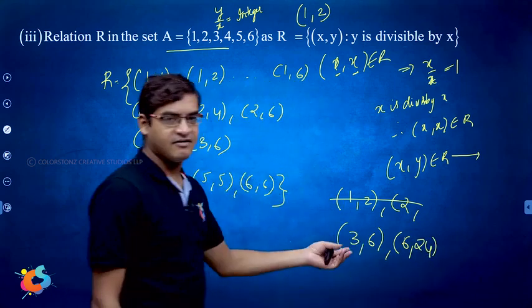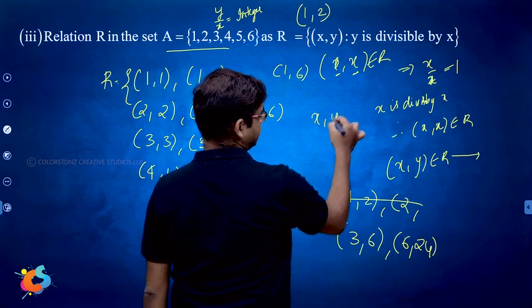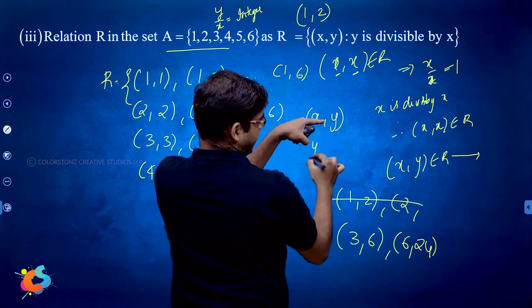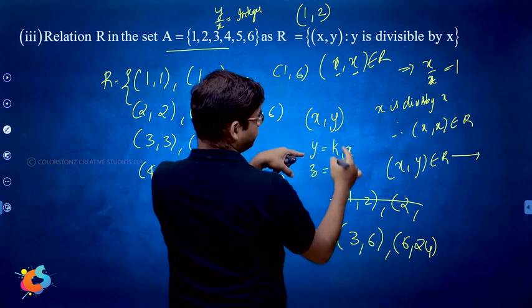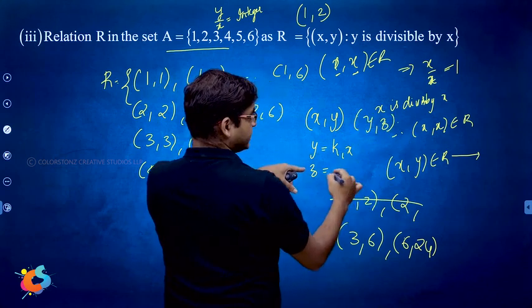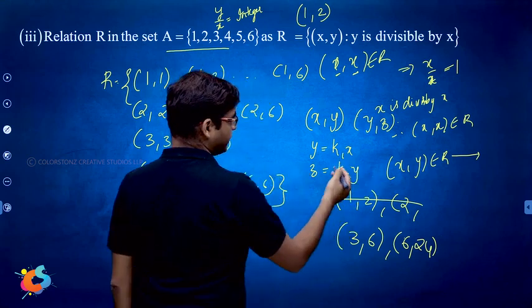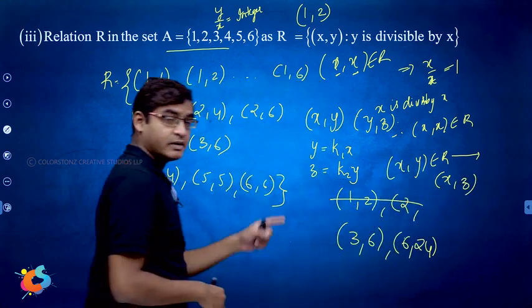So here, if Y divides X, then I can write Y is equal to some integer into X, and if Y comma Z also belongs to R, then Z is equal to some integer times Y. So from here, can I say Z is some integer times X?